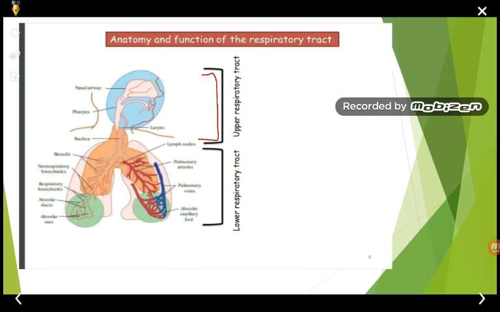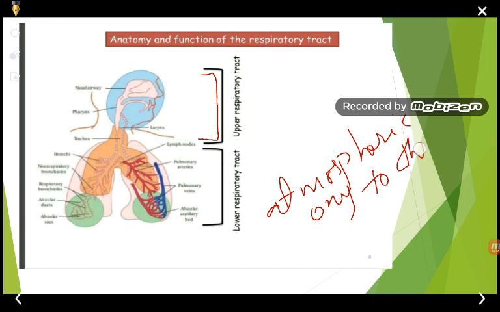And the essential function of the respiratory system is transporting atmospheric oxygen to the bloodstream.